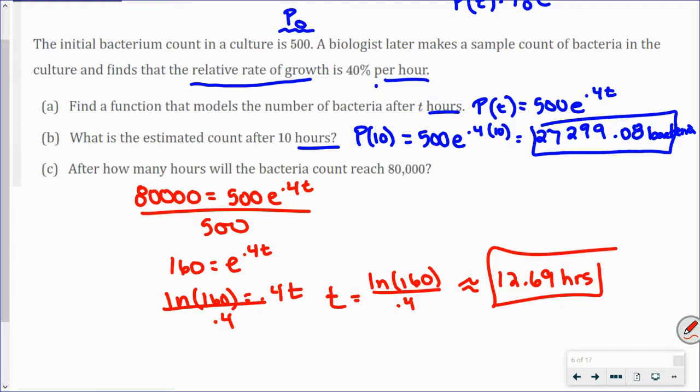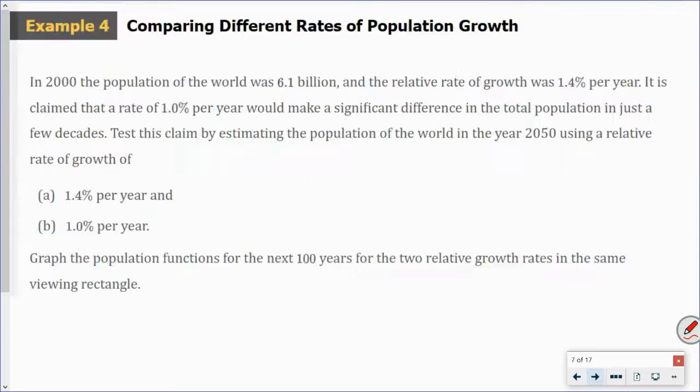All right. Next example here. In 2000, the population of the world was 6.1 billion, and the relative rate of growth, okay, so that tells us right here what model we're using. So we have P of t equals P naught e to the rt, was 1.4 per year.